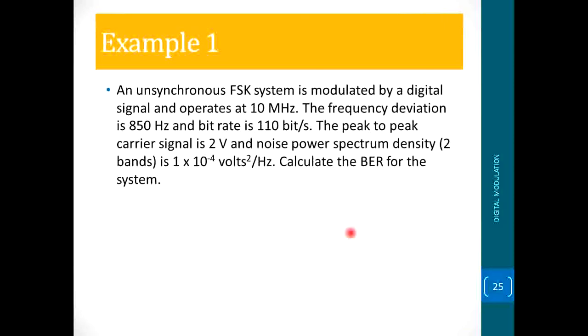For the first example, an asynchronous FSK system is modulated by a digital signal and operates at 10 MHz. This is the signal of the modulated digital FSK.